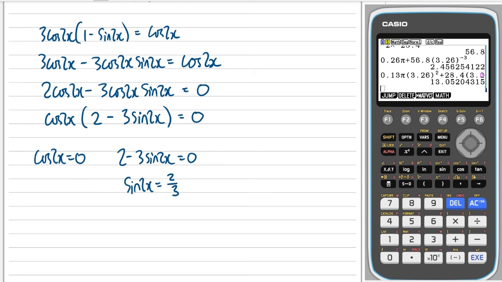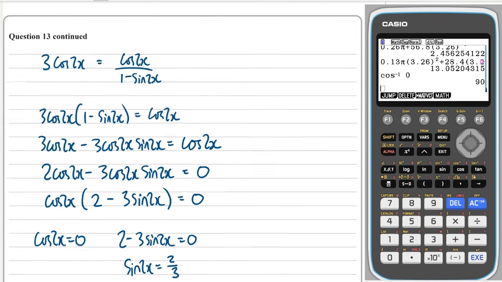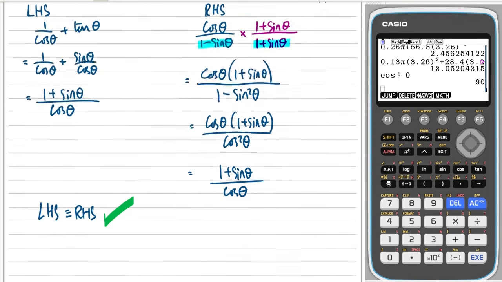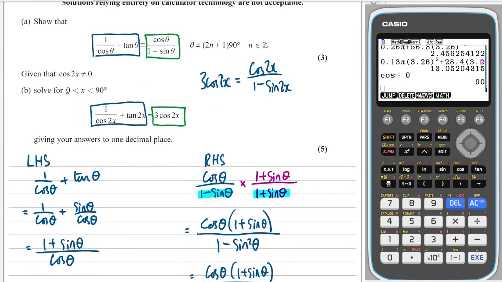Okay, we're going to go to our calculator and we're going to do cos to the minus 1 first of 0. And we're going to get 90. So that tells me here that 2x is equal to 90. Just going to quickly check our range. Forgot to check that. And it's between 0 and 90.